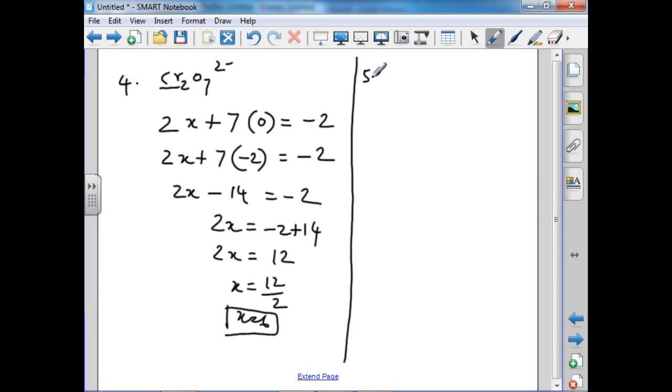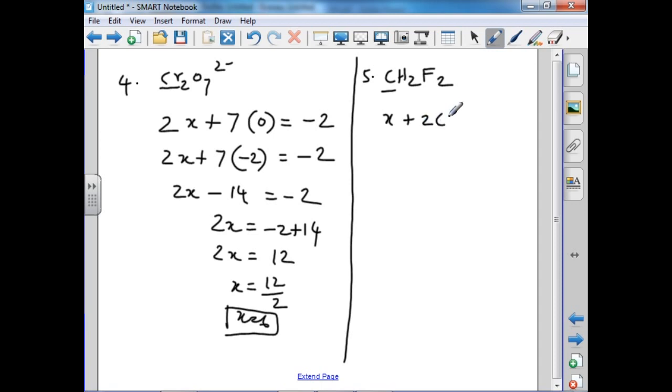The fifth one, CH2F2. So calculate the oxidation number of carbon. So C as X, because we are going to calculate the oxidation number of carbon.